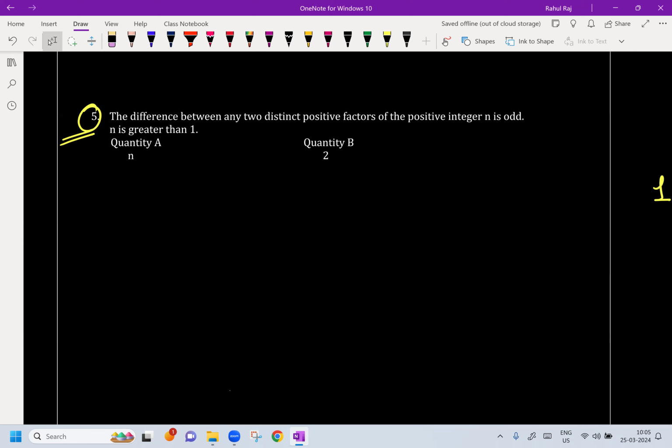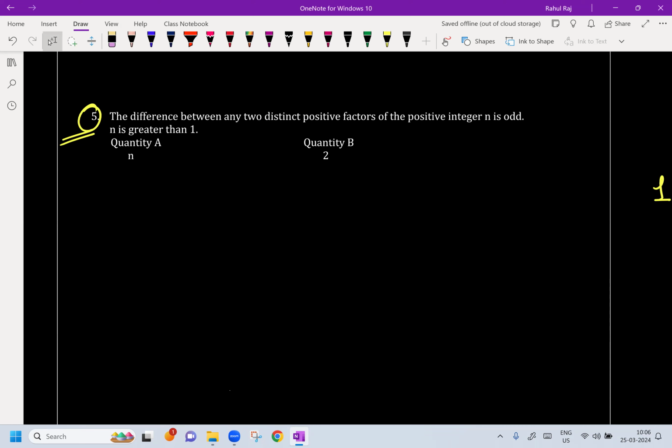So if you subtract one from the other, you get an odd number, and n is greater than 1. Should we take an example of n and try? For quantity B you don't have to even think about it. Leave it.